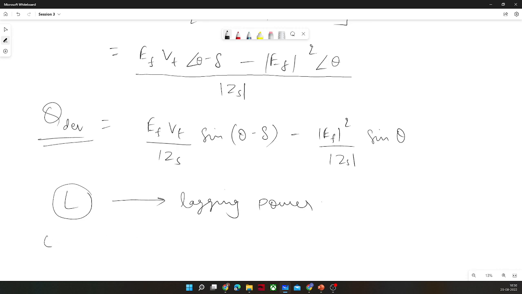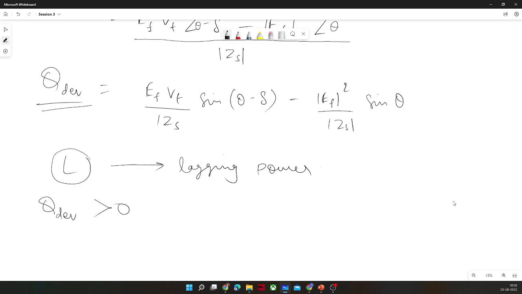So if Q developed is greater than zero, positive, it will supply lagging reactive power.